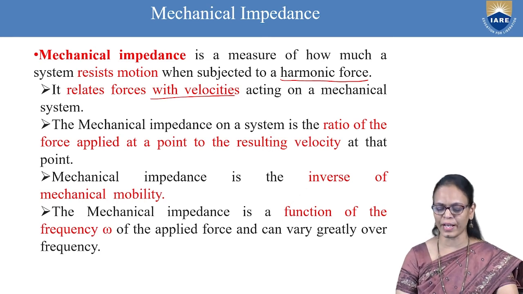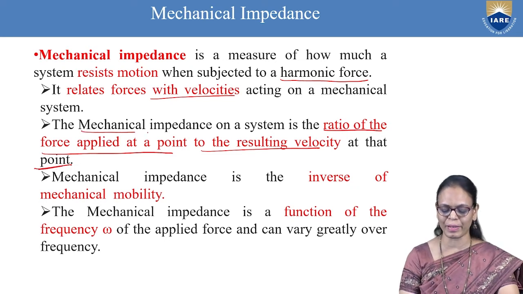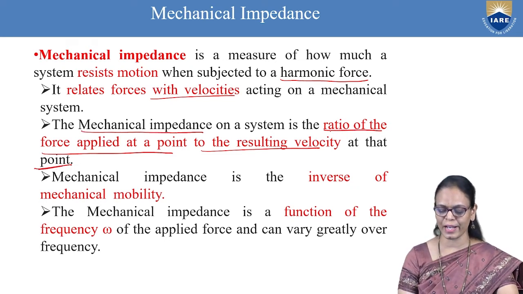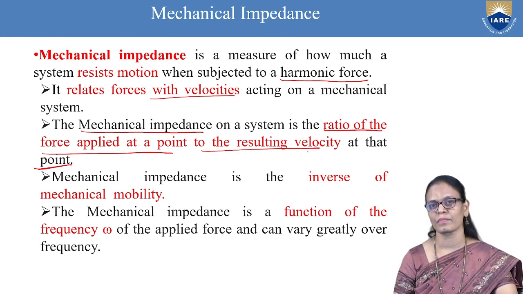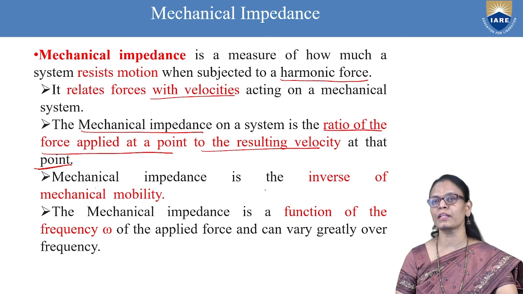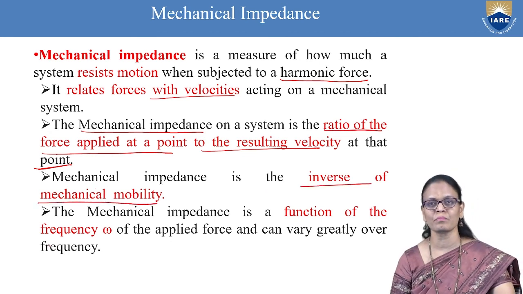So how do we calculate it? It is the ratio of the force applied at a point to the resulting velocity at that point. At any given point, mechanical impedance is the ratio of the applied force to the resultant velocity. This mechanical impedance is also the inverse of mechanical mobility.